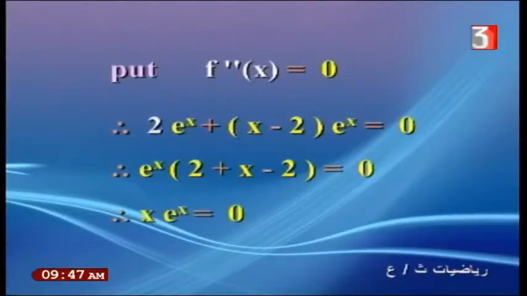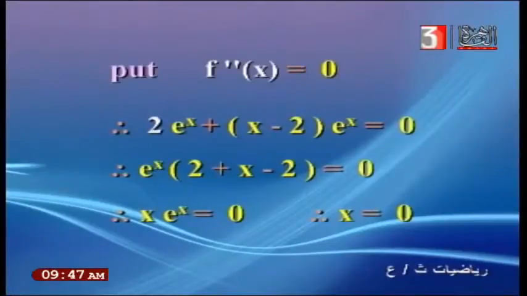Then x multiplied by e power x equals 0. We know that e power x is an exponential function, so e power x doesn't equal 0. Then x equals 0. Now we have f double dash x equals 0 at x equals 0.